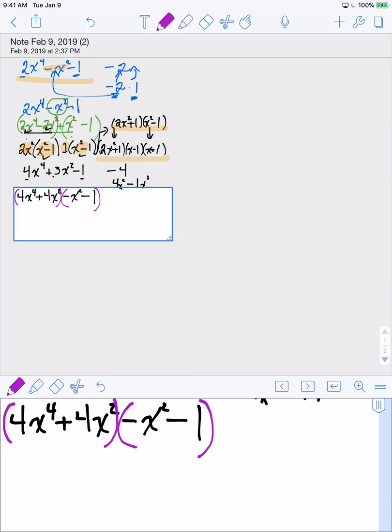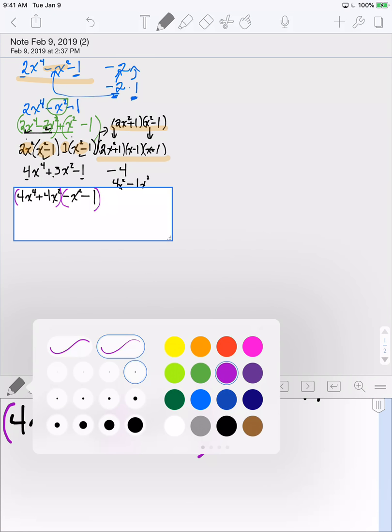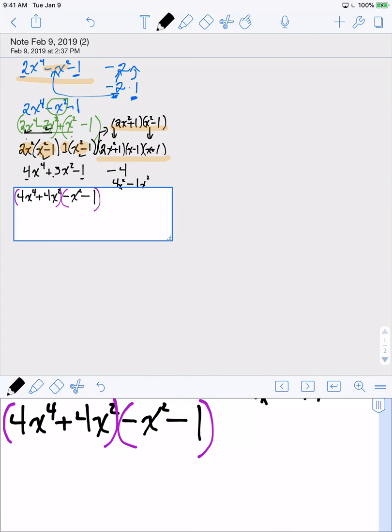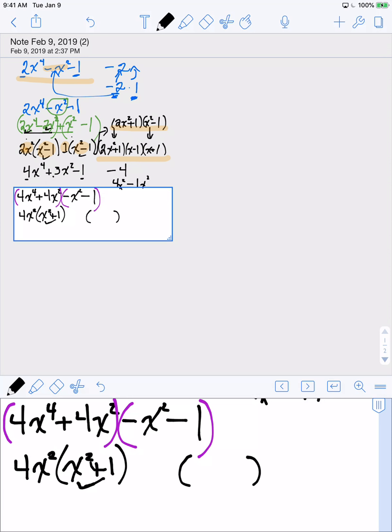So let's pull out the greatest common factor of the first one, which is 4x squared. And I'm left with x squared plus 1. And here, there is no common factor, but I'm not going to pull out a 1. Remember, the binomial I have here and this one have to be the same.